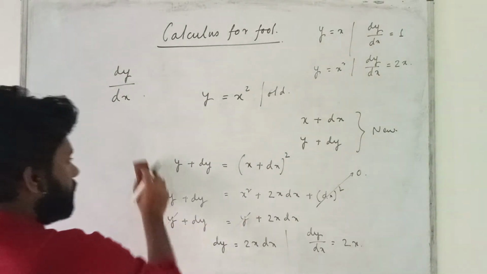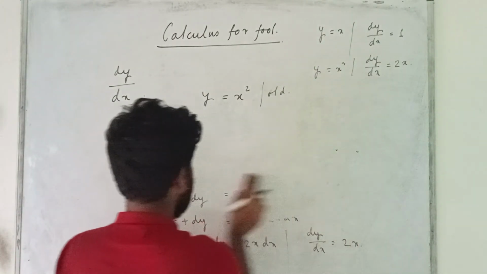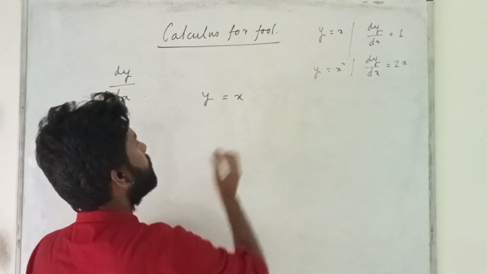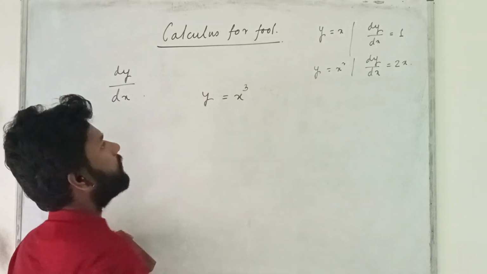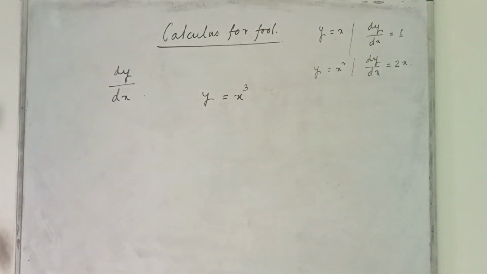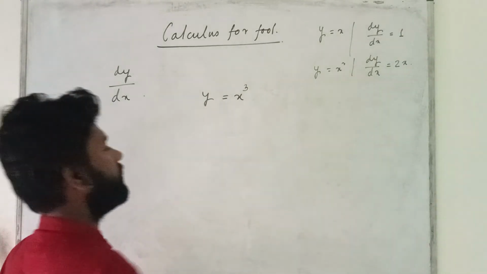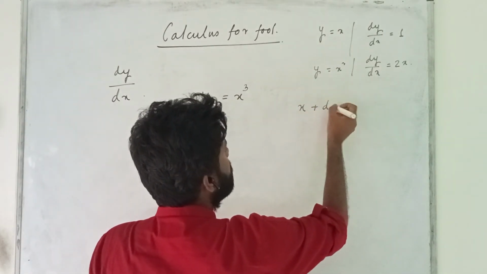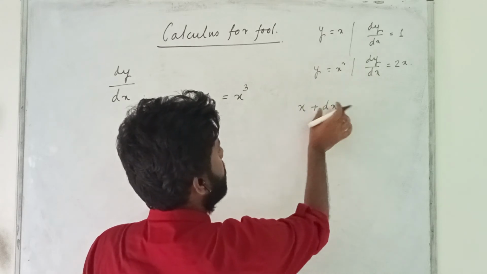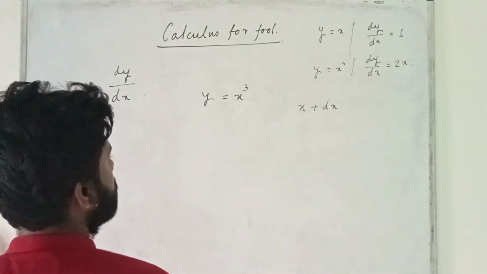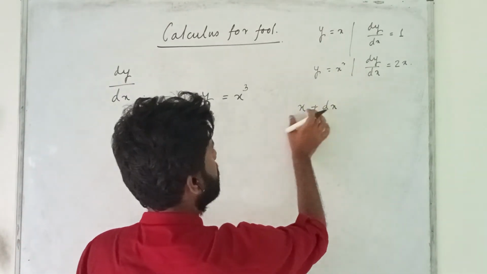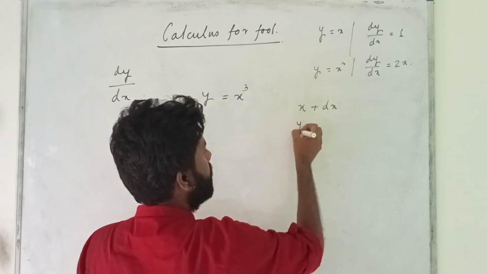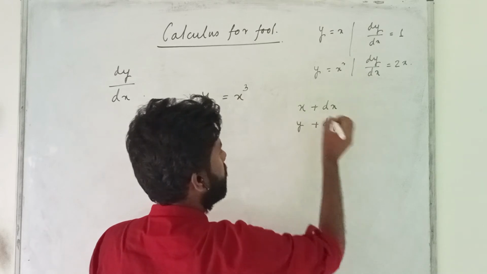Now let's put another example here. If y equals x cube, then what will happen with dy over dx? The same thing, proceed here. If the change of x is dx, a very small amount, then the new x becomes x plus dx, and from this change of x, the new y becomes y plus dy.